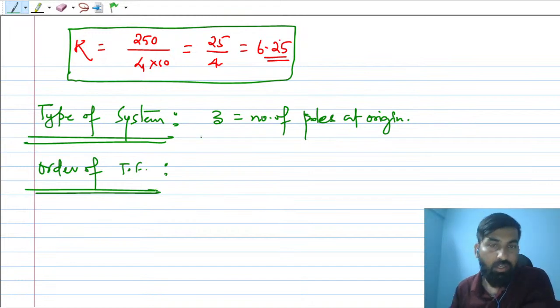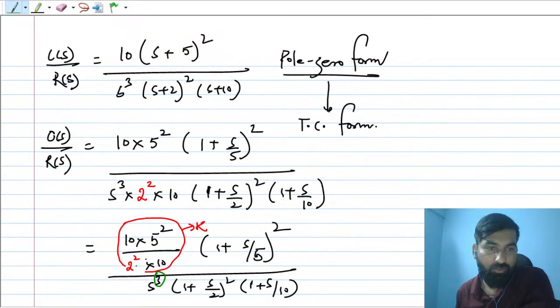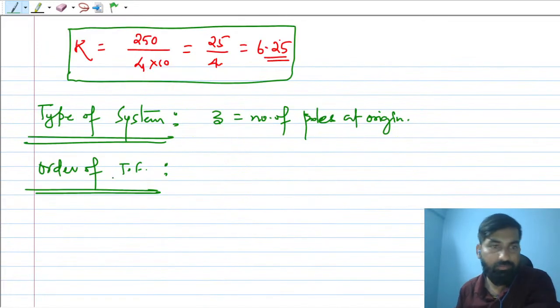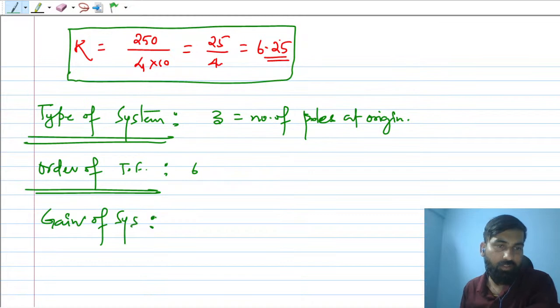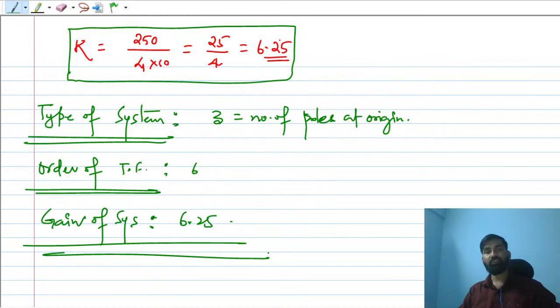You see the highest orders: here 3, this is 2 and this is 1, so you can say there will be 6. 3 plus 2 is 5, and 1 more is 6. Okay, so the order will be 6 and the gain of the system will be 6.25. So this is the first question you can expect in the examination, in all the branches.